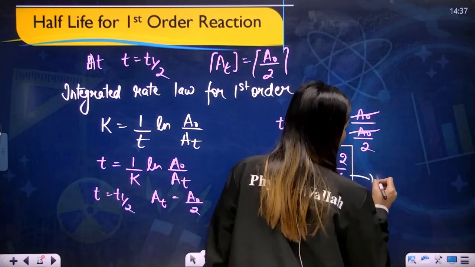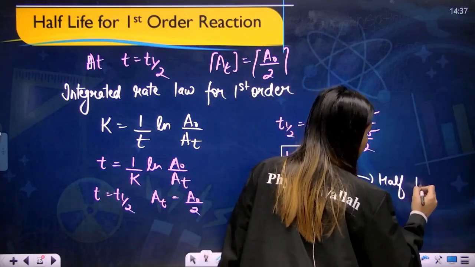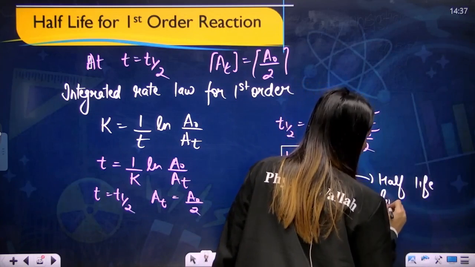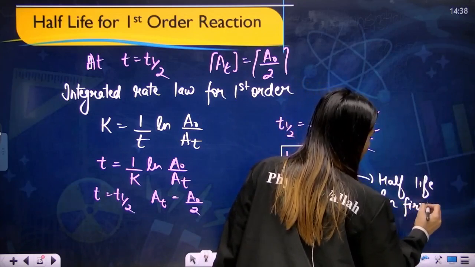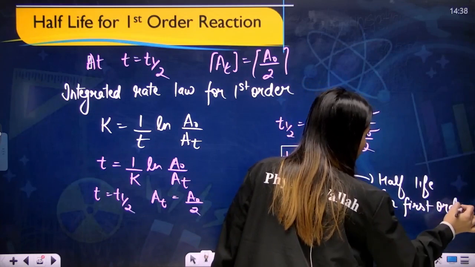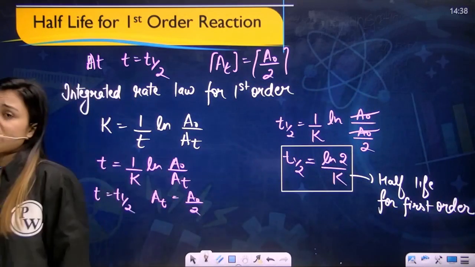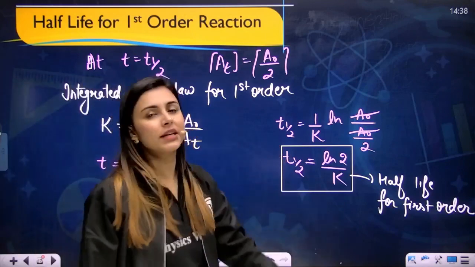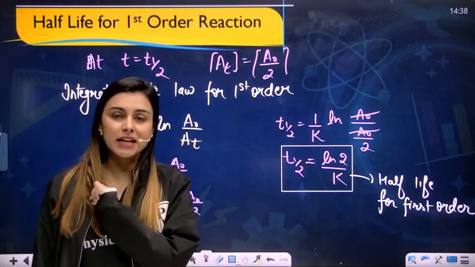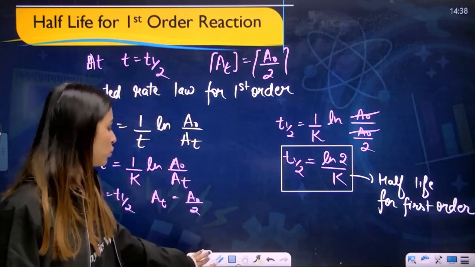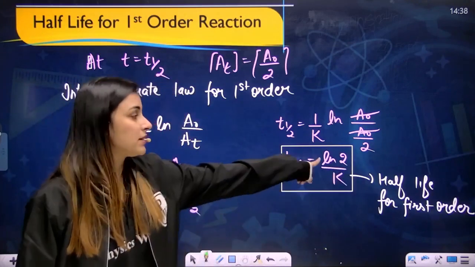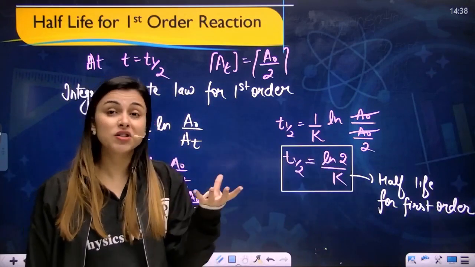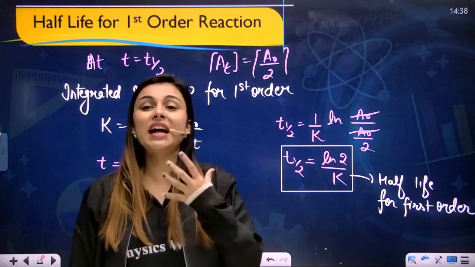So this is half-life for first order. Now, just see the expression. Just try to understand what all things this expression is telling you. If you see, my dear students, your t half has ln of 2, that is natural log of 2.